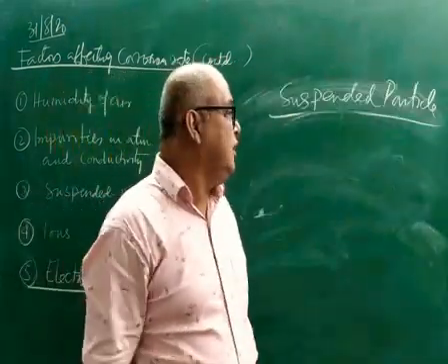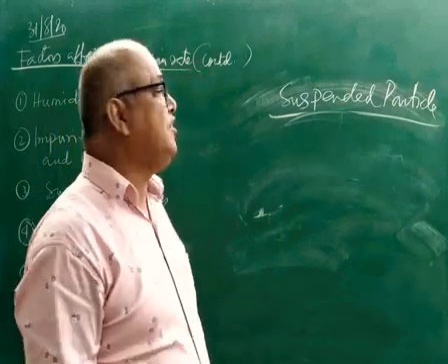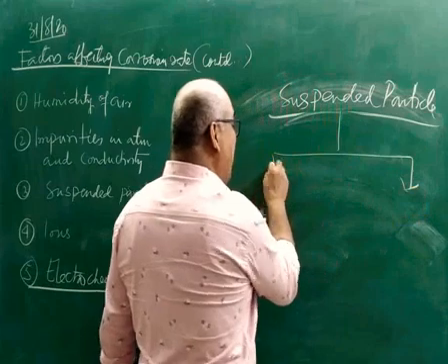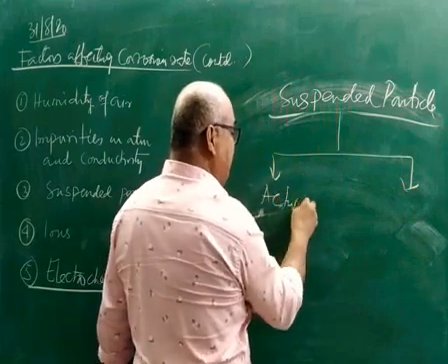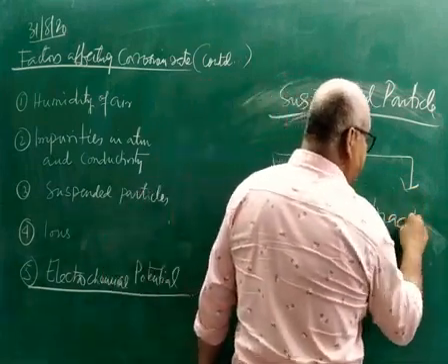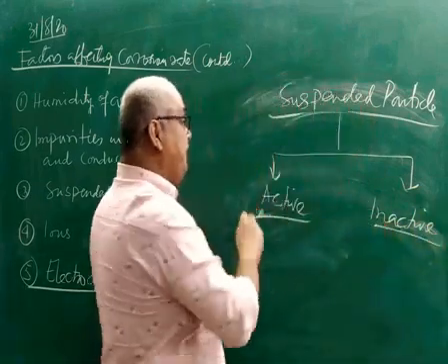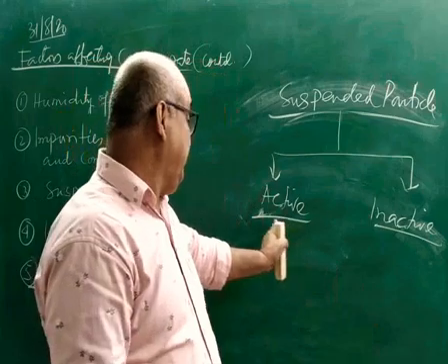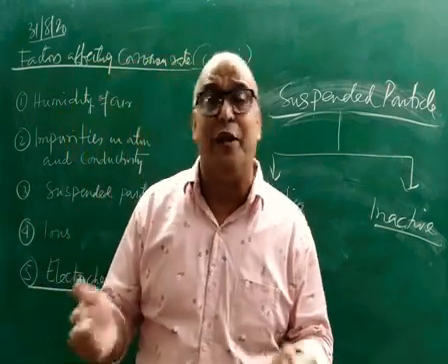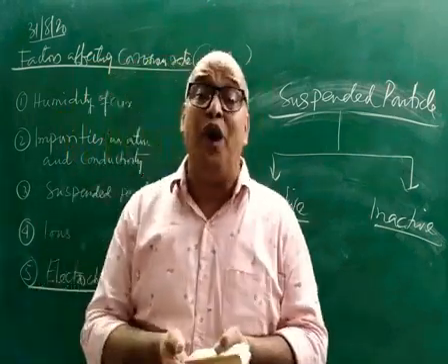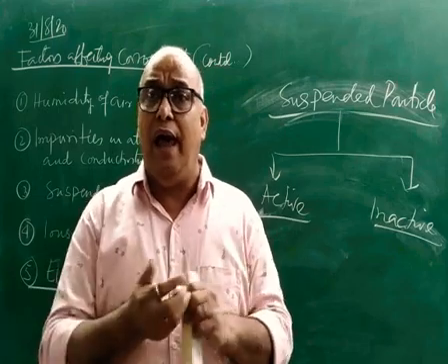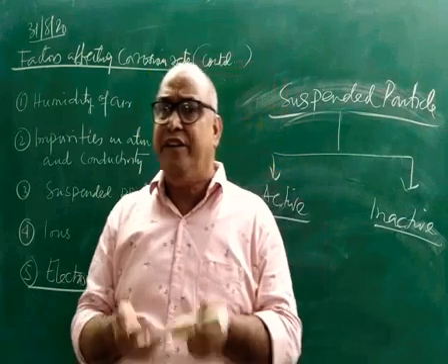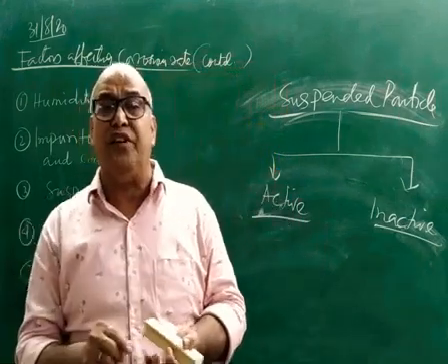Now let us talk about the third point, that is suspended particle. This suspended particle may be of two types. Number one is active and number two is inactive. If your environment contains active suspended particles like sodium chloride and ammonium sulfate, they may absorb moisture and become a very active electrolyte, and the rate of corrosion will increase.